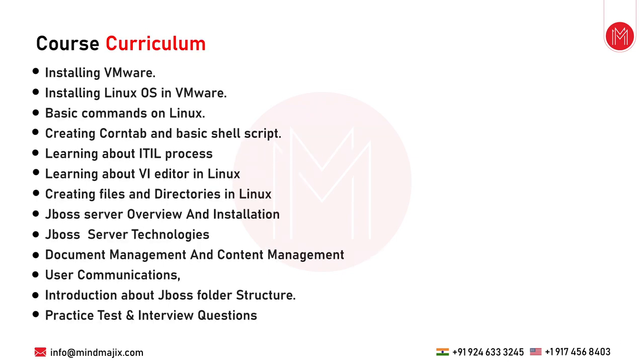Then the course curriculum. How to install VMware. Here we have two options: we can change the OS on your PC, or you can install VMware. If you change the OS on your PC, it will be the Linux platform only.